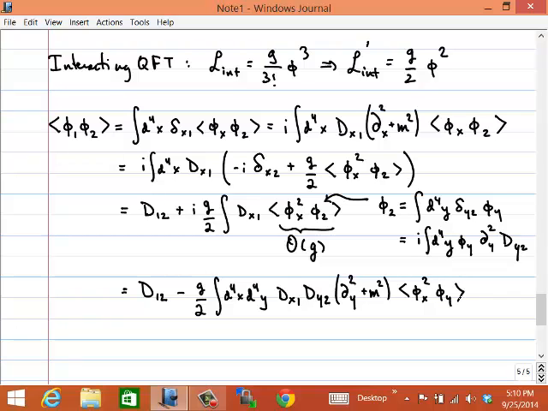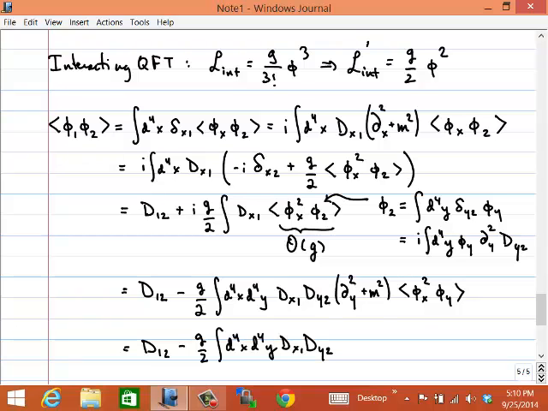Okay. Now I go ahead and I use the Schwinger-Dyson equation again. So I get a d of 1, 2 times minus g over 2 times these integrals d4x, d4y, dx1, dy2, and I get the sum of two terms.